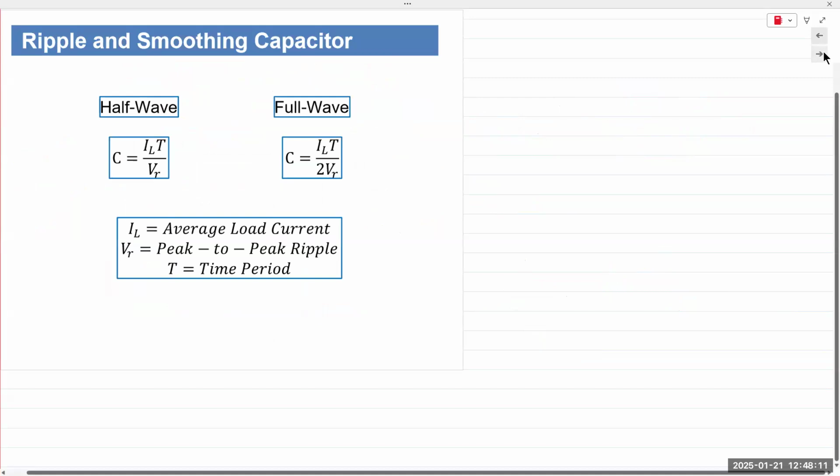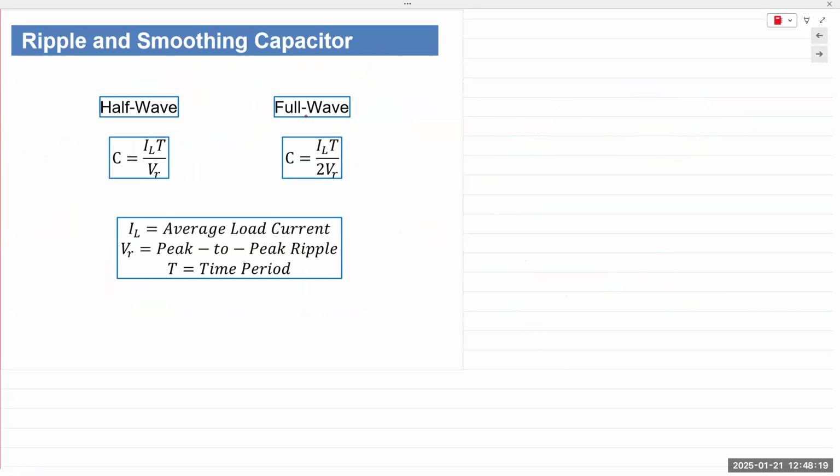So a couple of equations for the capacitor for a half wave and a full wave rectifier. If you plug a capacitor into a half wave rectifier, there is an off cycle for every on cycle of the diode. So we need a larger capacitor. So we can design power supplies based on the acceptable amount of ripple voltage, which is VR.